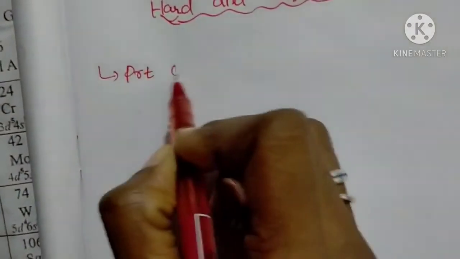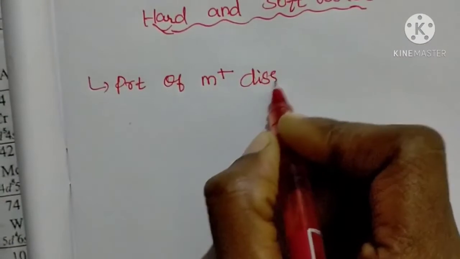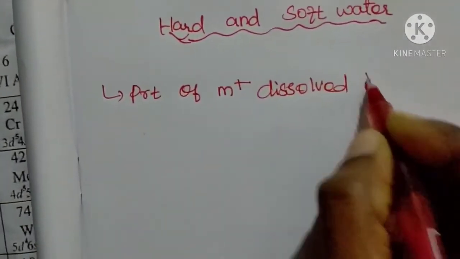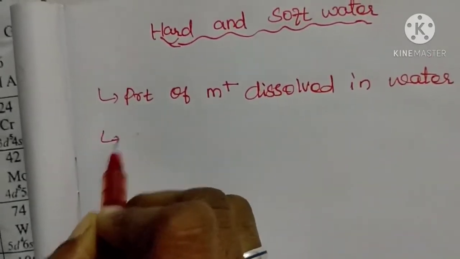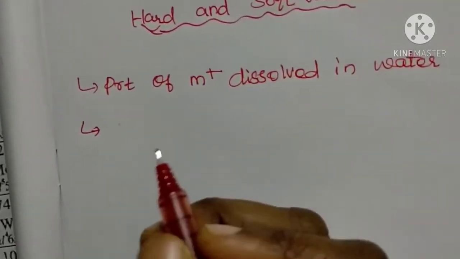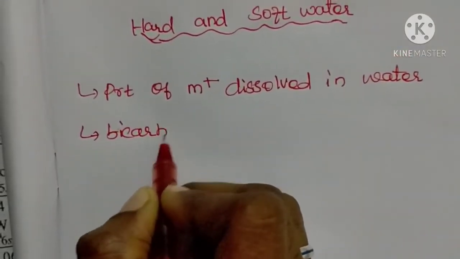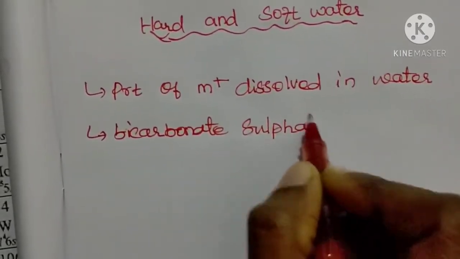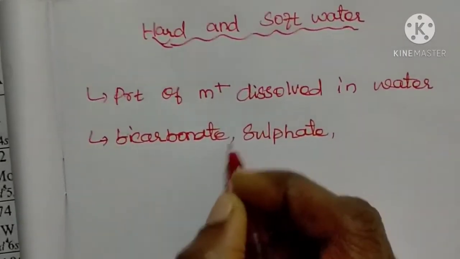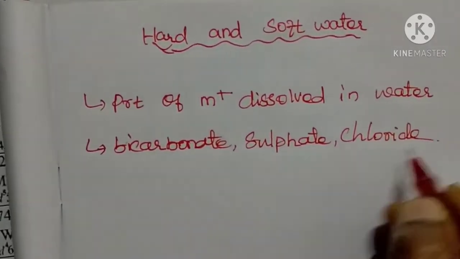So hard water means the presence of metal cations dissolved in water, and they can form salts like bicarbonate, sulfate, chloride.